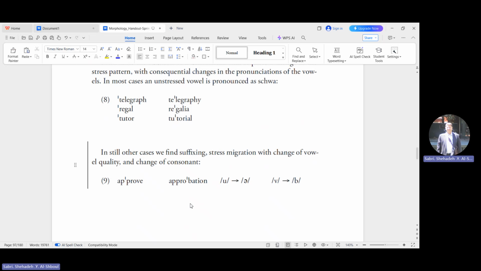Approve, we add the suffix for the sake of the noun, and approve becomes approbation. So this suffixing first causes stress migration, change of the vowel quality, and also the consonant changes. Approve becomes approbation.